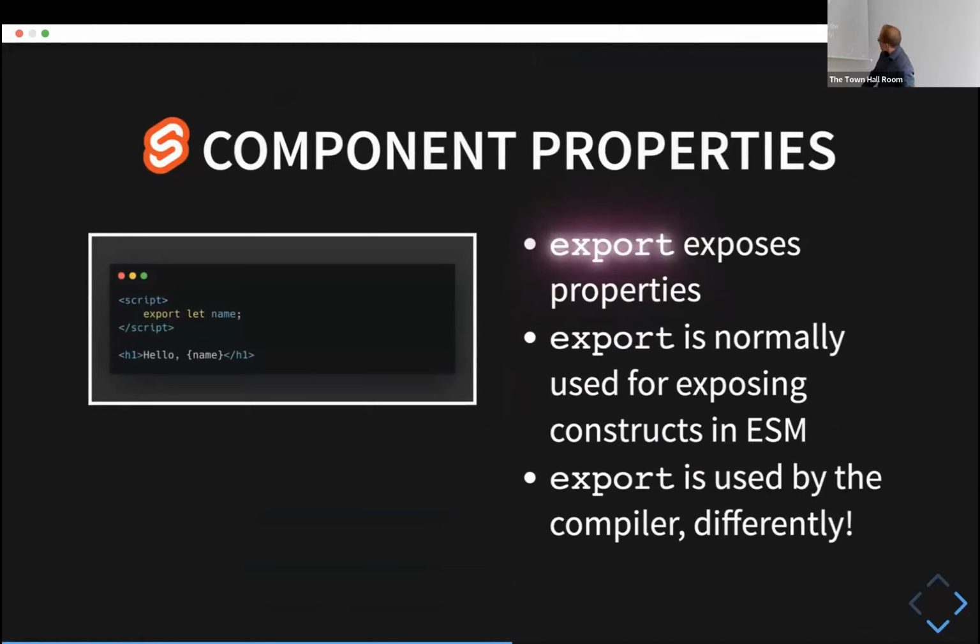In your script, you say export whatever you want as an input. That's not logical, but that's the way it's done. And then you just interpolate it in the markup. I know this is a bit confusing because we normally see export in ECMAScript modules when we actually want to export something. So you can say that you actually export an input. I don't know. That's how you do it, at least.